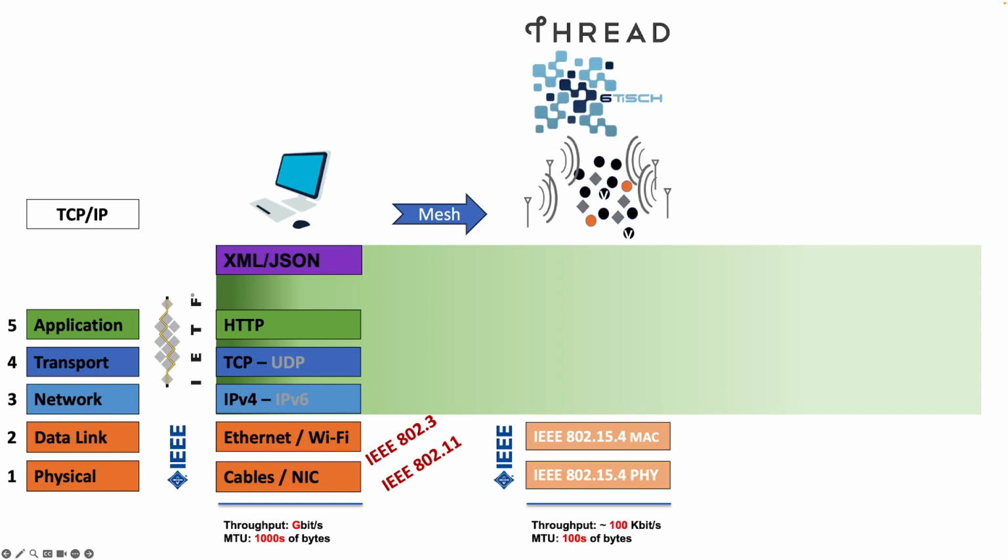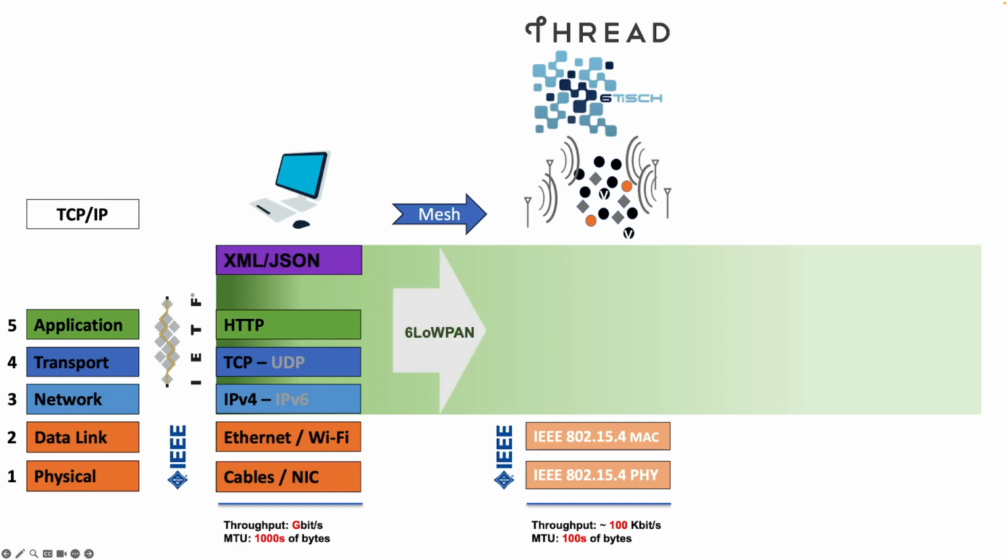So what does it look like when we go from the classical TCP/IP enabled devices and networks to constrained devices and low power and lossy mesh networks such as Thread and Zigbee that are based on IEEE 802.15.4 technology for the data link and physical layers, and which come with limited bandwidth and support packet sizes in the order of 100 something bytes.